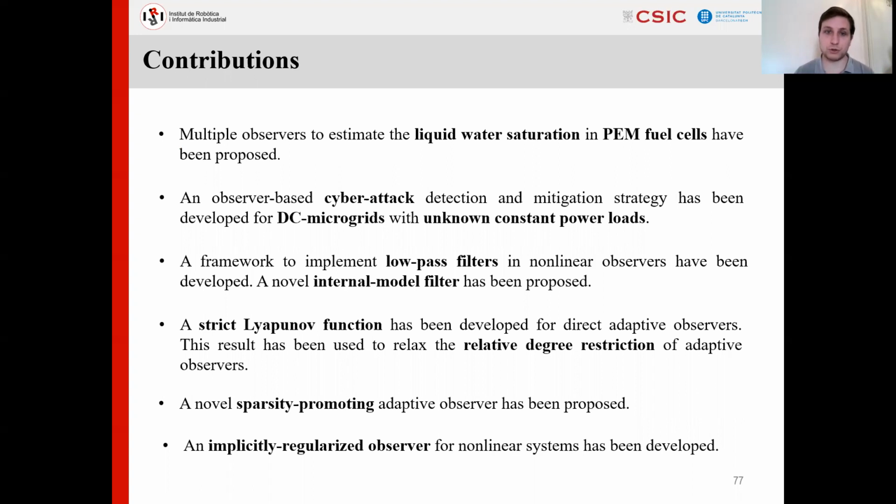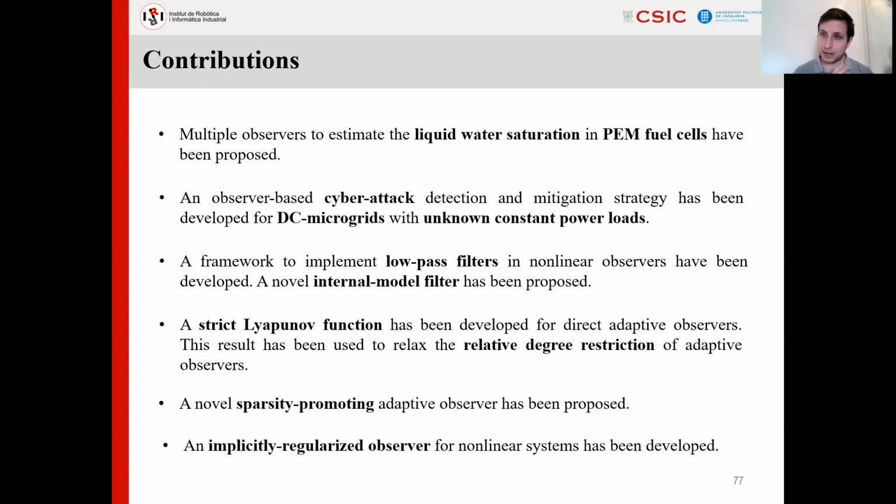First, a new framework to implement low-pass filters in nonlinear observers has been developed. Moreover, a new internal model filter has been proposed. Moreover, for the first time, a strict Lyapunov function for direct adaptive observers has been designed, and this result has been exploited to solve a relative degree limitation of this type of observers. And finally, two new observers have been proposed.